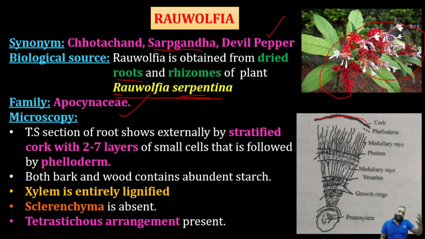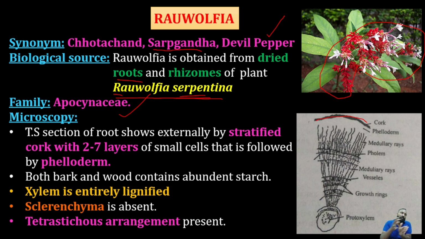Like if you check the leaf: epidermis, margin, leaf base, apex, vein, parenchyma cells, stomata. Like how they are common, in almost all barks, roots and rhizomes: bark, cork, cambium, phelloderm. These will be the common parts of these things.